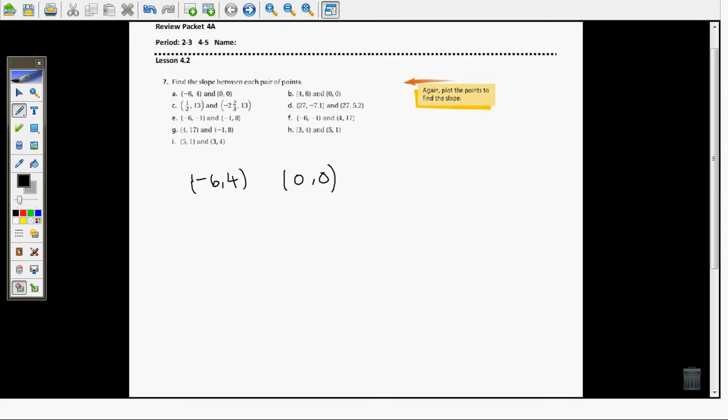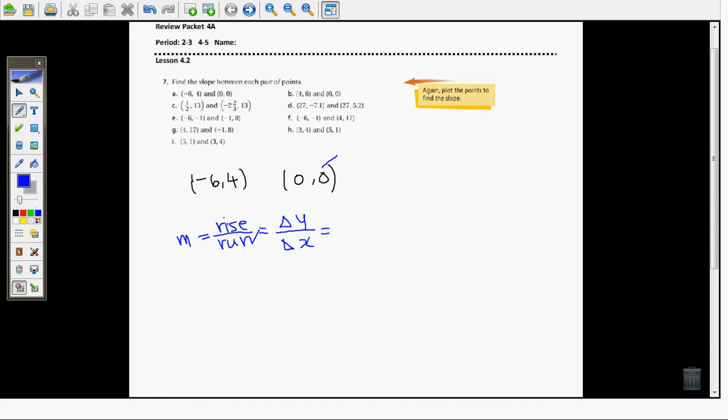As we learned last time in class, the formula of slope is rise over run. In other words, change in y, which we use the Greek letter delta, over change in x.